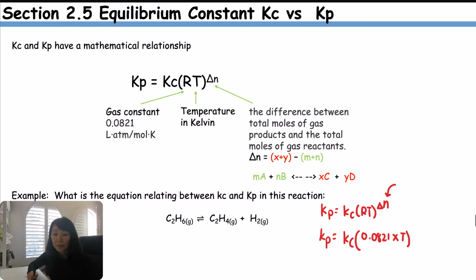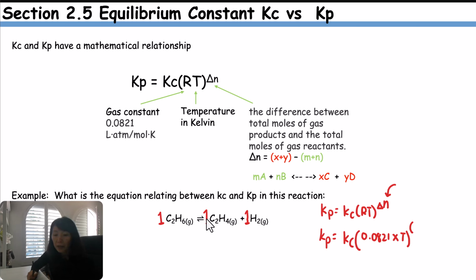And the delta N, well, look at the coefficients here. I have underlined where the coefficient should be. And remember, in chemistry, when we balance the equation, we don't write 1. We just assume that there's 1 already there. So on the product side, there is 1 here and also 1 here.